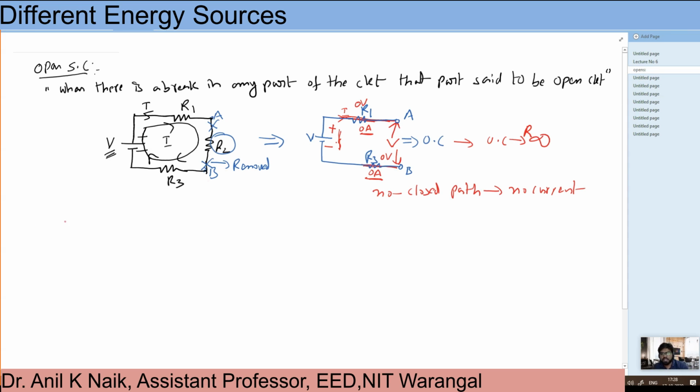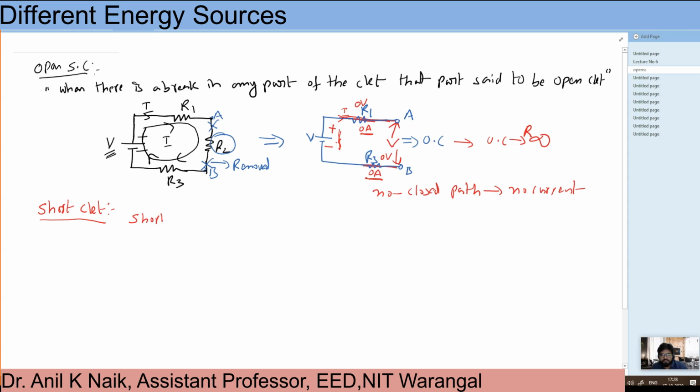Now comes the second concept, which is called short circuit. A short circuit is a low resistance path.